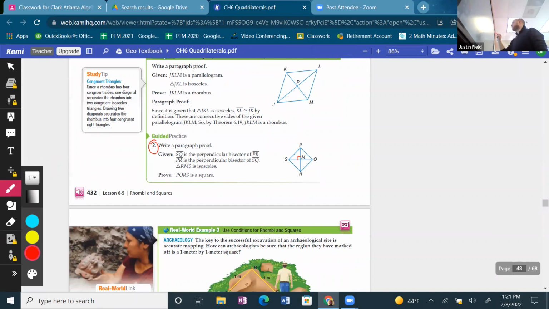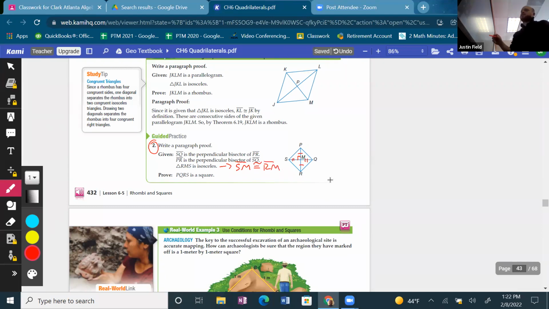So we know that's 90. SQ bisecting, and then the other way around too. What we know is that, but then also we know that RMS is isosceles, which means that SM is congruent to RM.